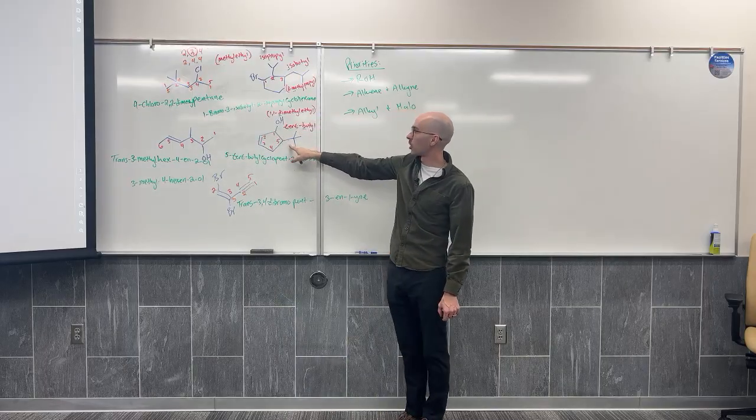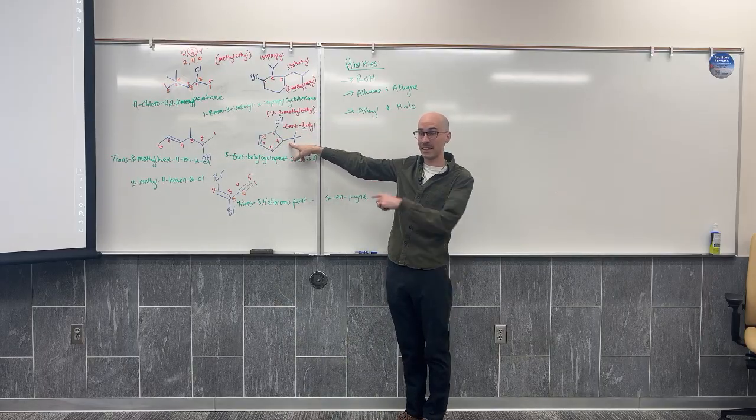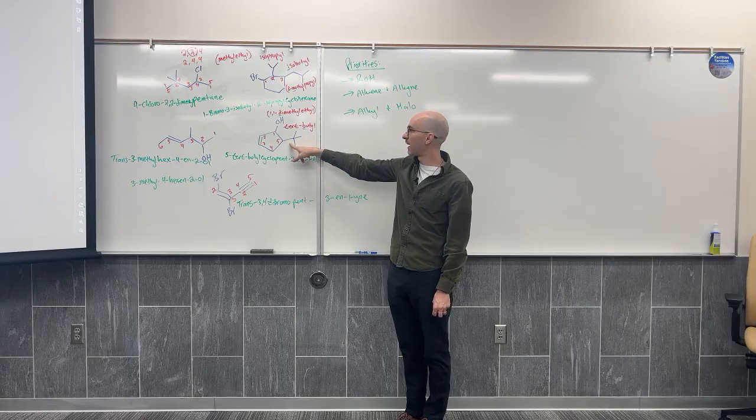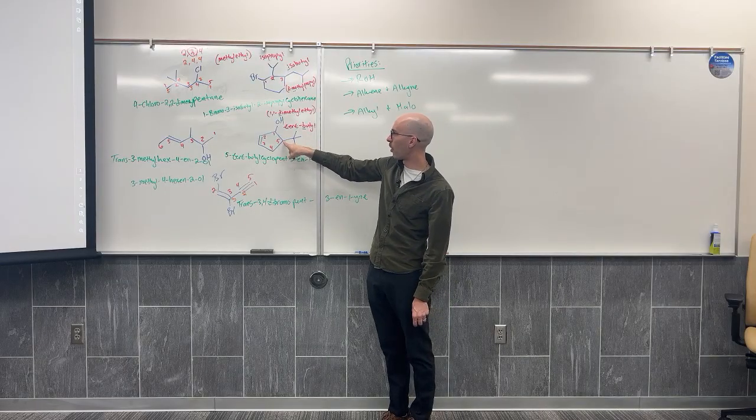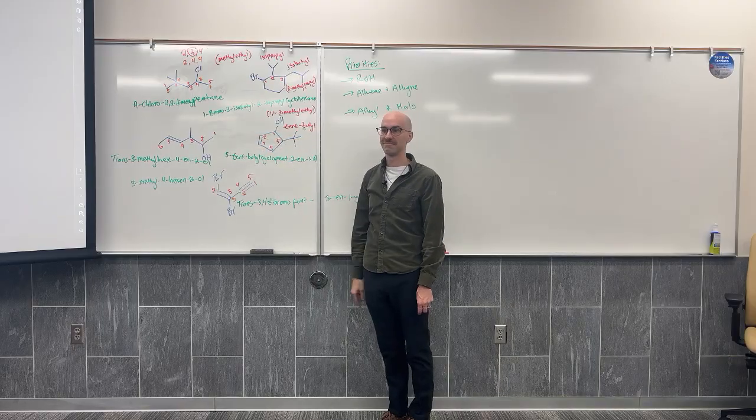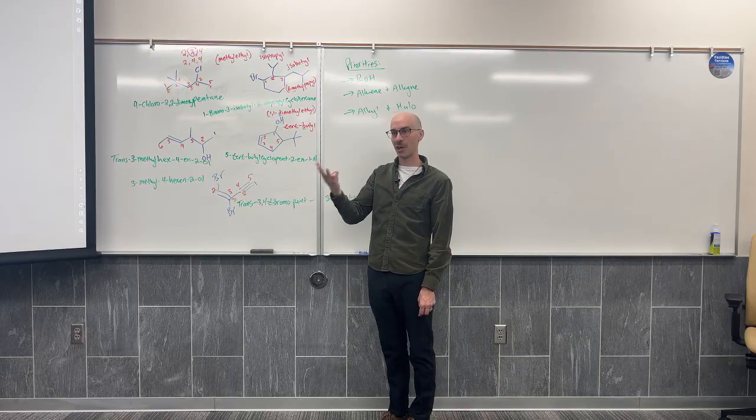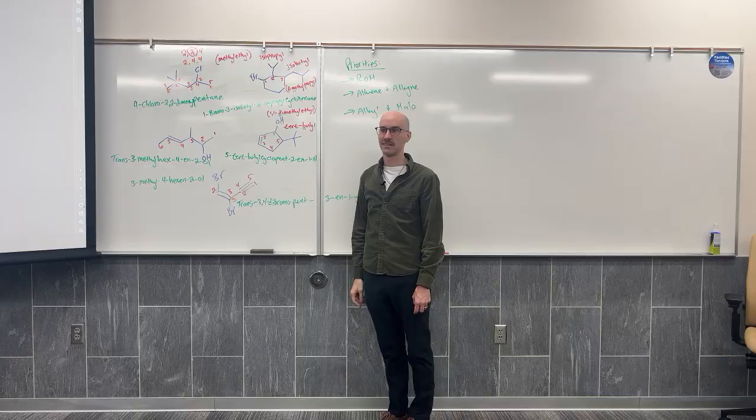We could have made a lower locant set for this. I think this is a good example. If I had started at the tert-butyl, I could have numbered 1, 2, 3. I could have gotten my locant set to be 1, 2, 3.